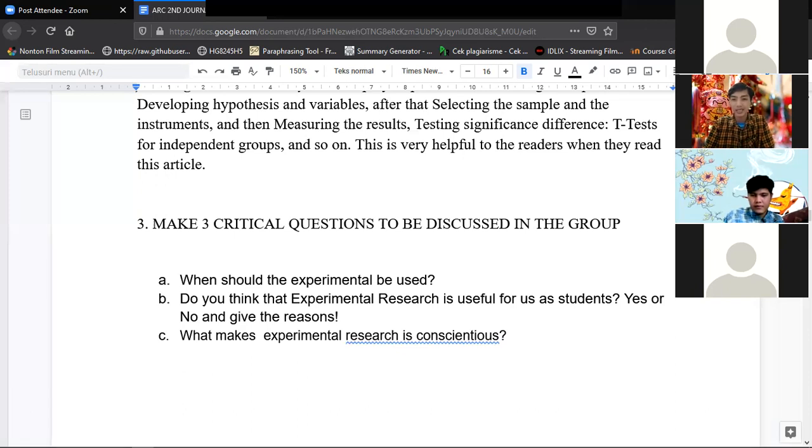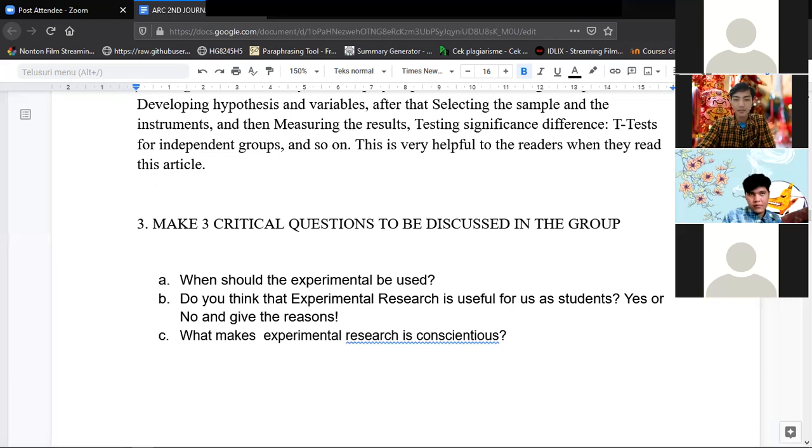For me, I think that experimental research is useful for us as students, because as I said before, this is very important when we want to do our research, like to make our thesis.